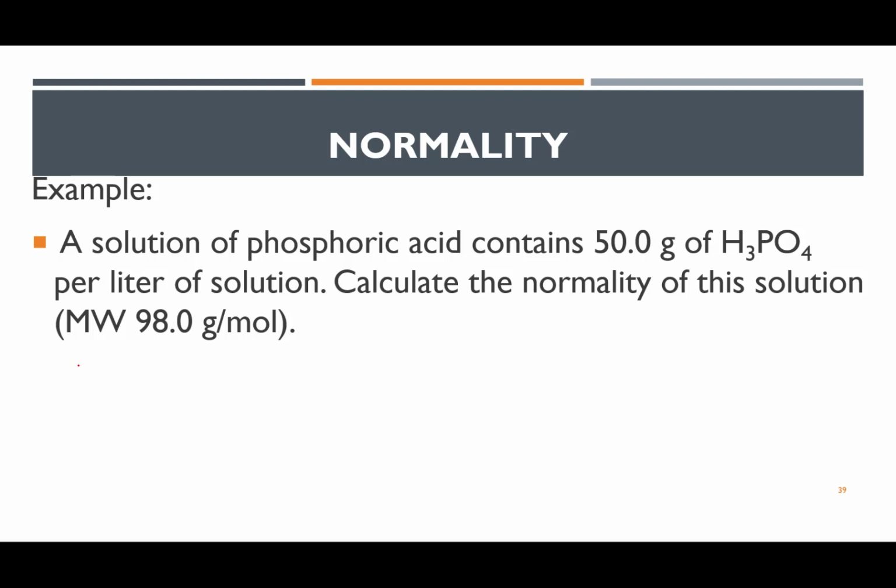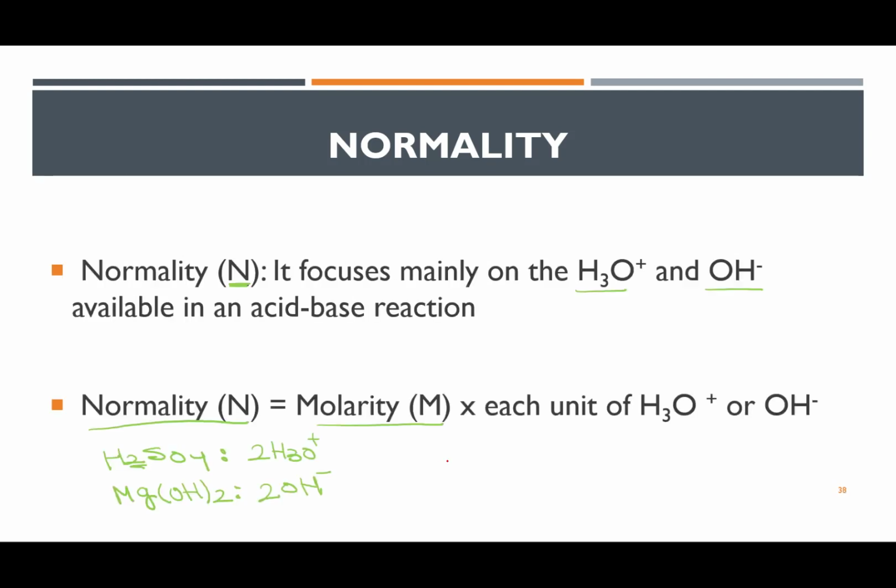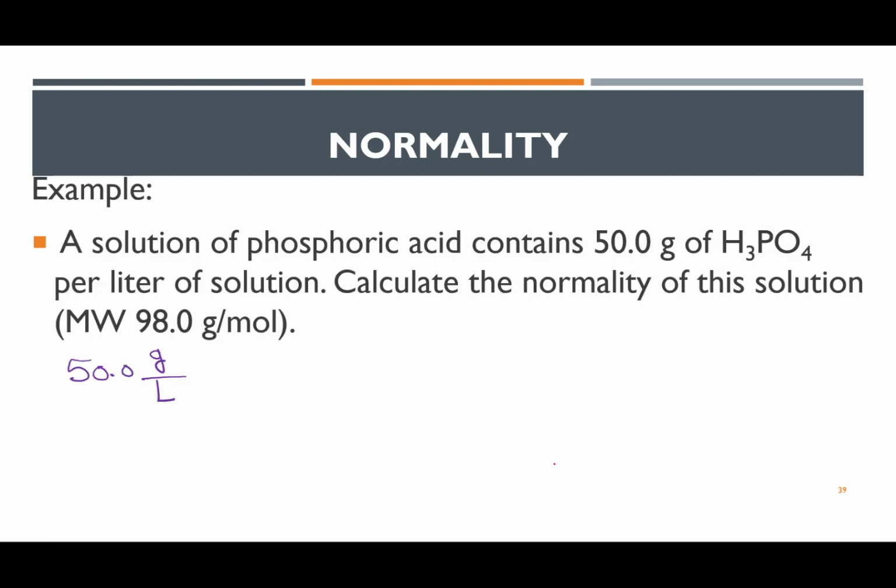Here it's 50 grams per liter of solution. In order to calculate normality, we have to find the molarity and multiply it by the unit of hydronium ion.